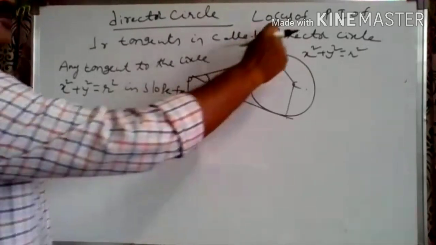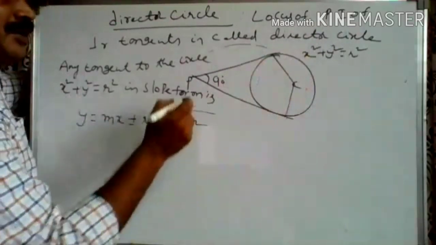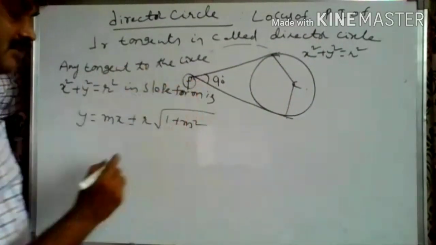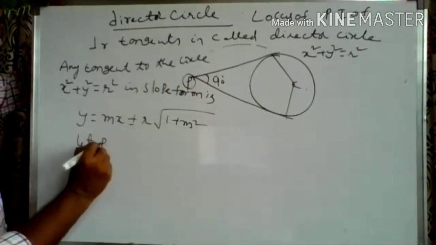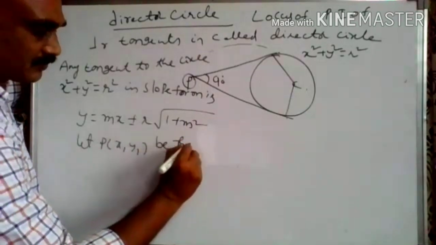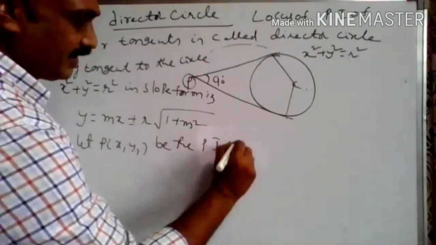This is the point of intersection of tangents. Let P x1 comma y1 be the point of intersection of tangents.